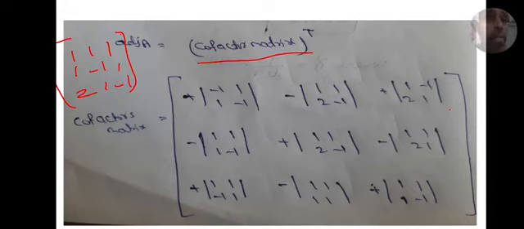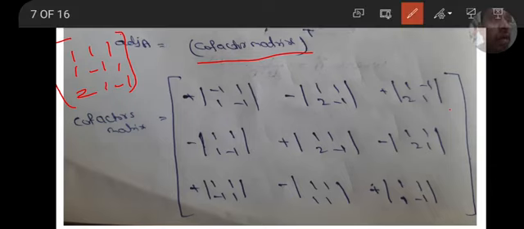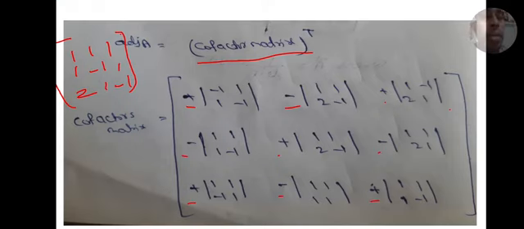For every element you have to find the cofactor. The signs will come automatically: plus minus plus, minus plus minus, plus minus plus. Minor of 1 means we remove this row and this column, then we get this matrix, minus 1 1 1 minus 1.